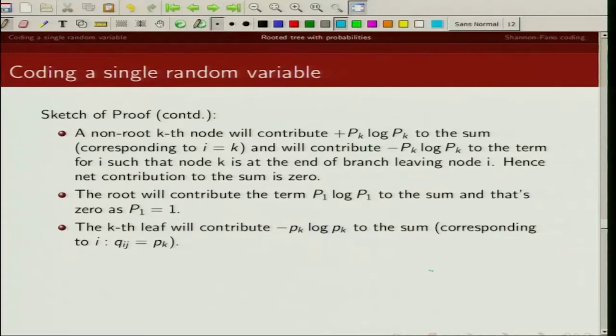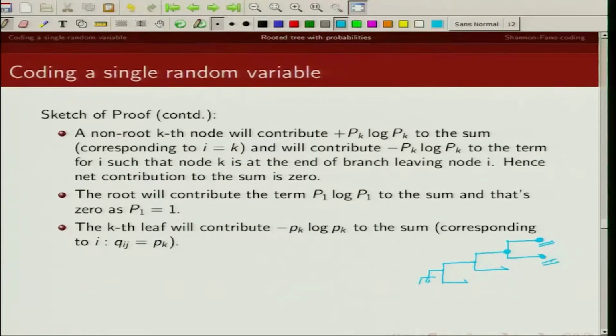So if you have trees of this form, and you are looking at, let's say, the sum of probabilities at this particular node, then since these are leaves, they will contribute a minus Qij log Qij term corresponding to the probabilities of these particular nodes.